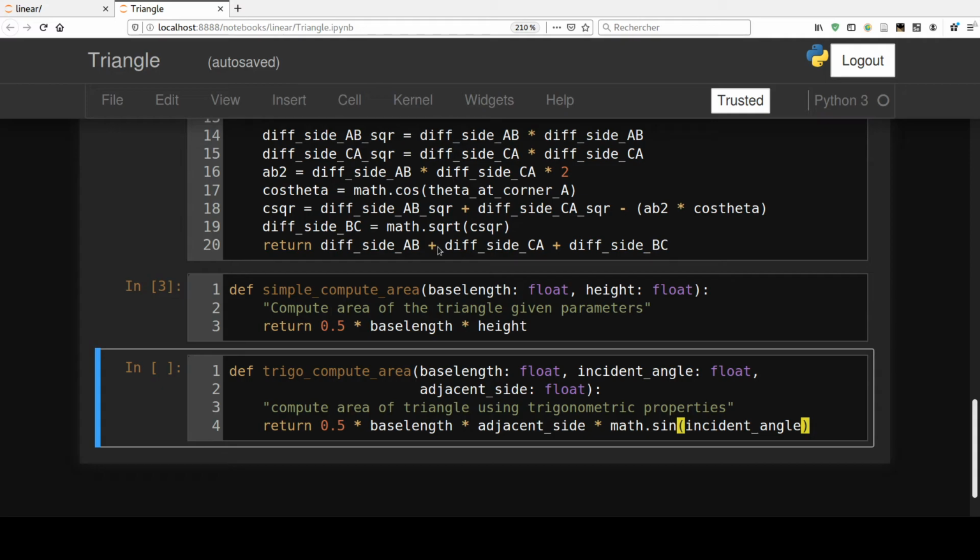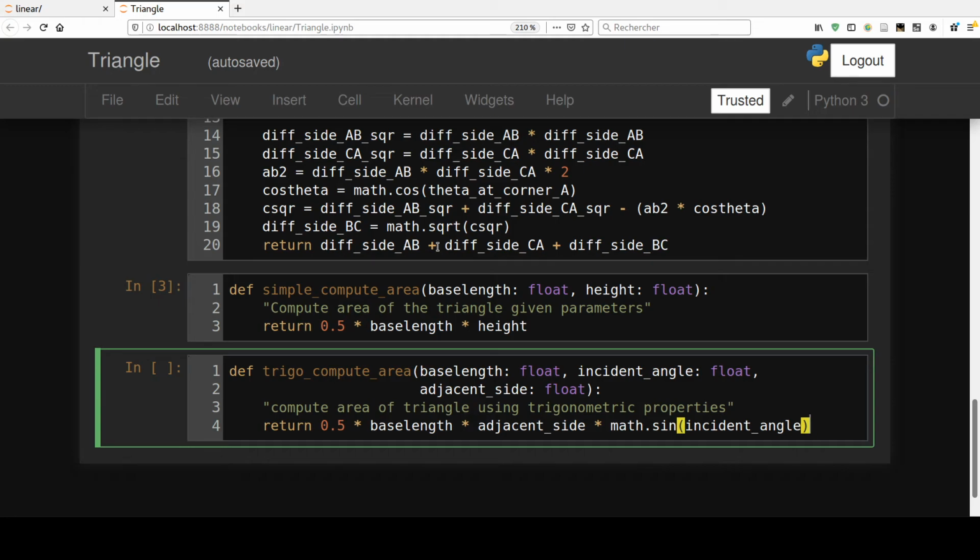We can also add some functions for checking several properties that are associated to the definition of a triangle. For example, from these three numbers, can we assume that we can construct a triangle?